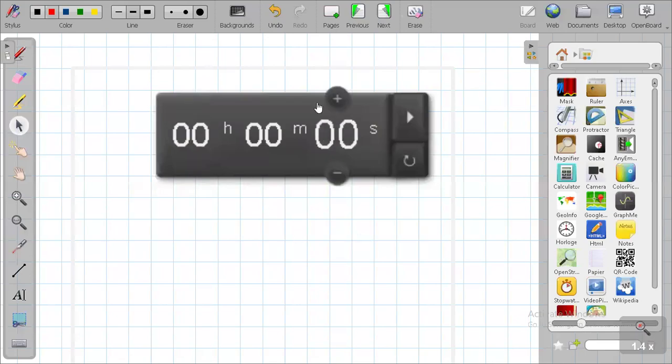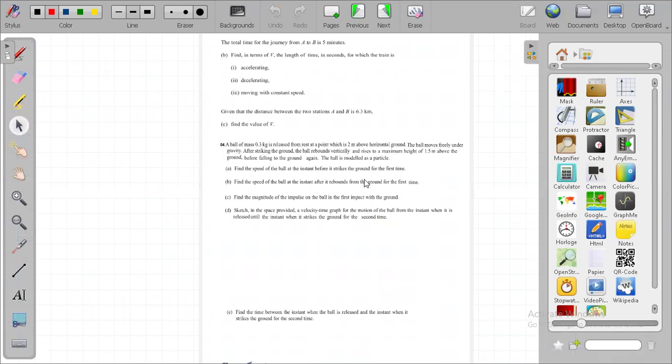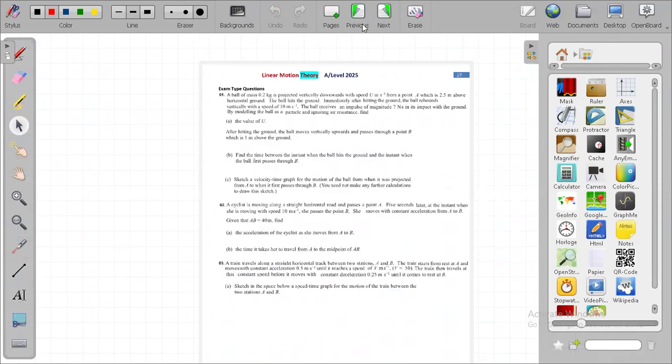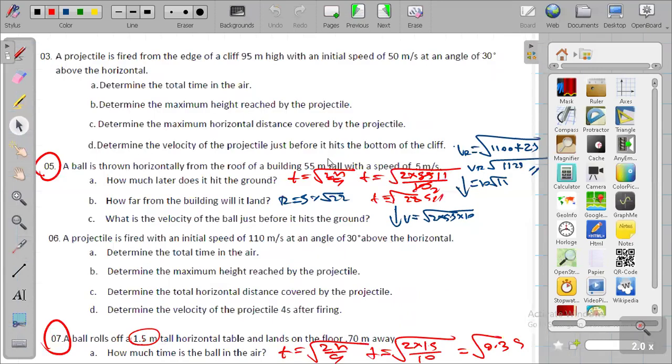Hi guys, so we are back on track. Here we only did things fired at a 30 degree angle.